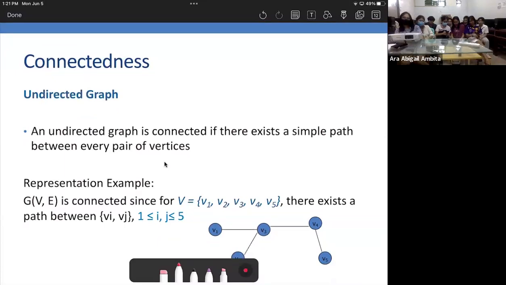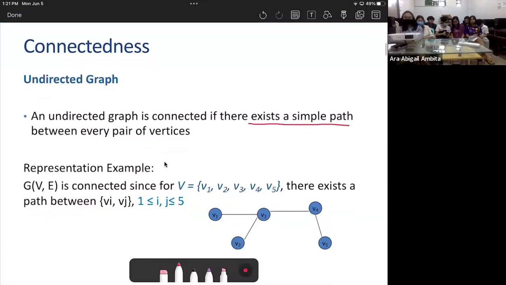So an undirected graph is connected if there exists a simple path between every pair of vertices. So sinasabi lang yan na we have a graph G of V and E and it is connected since you have the vertices V1, V2, V3, V4, and V5.